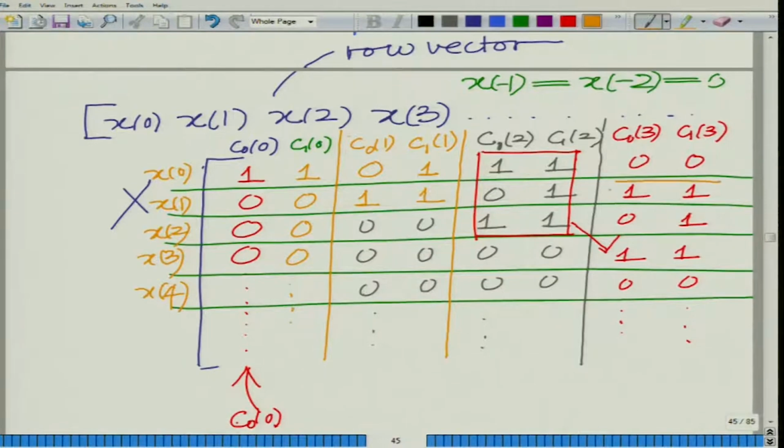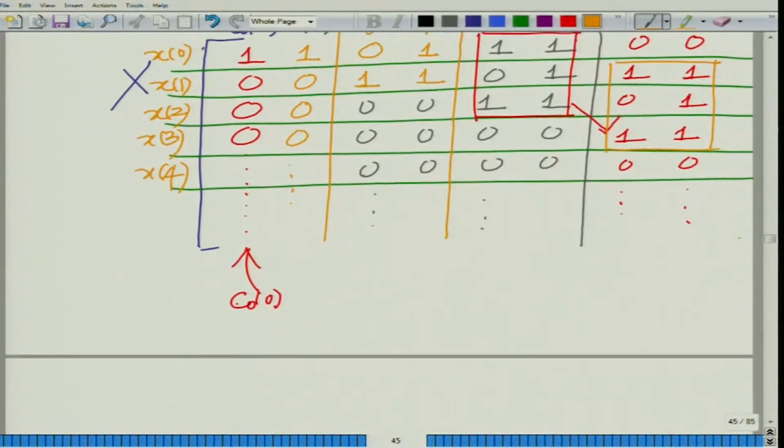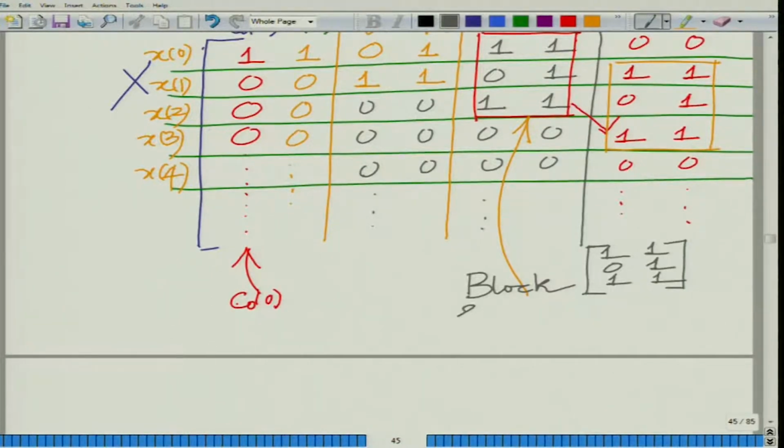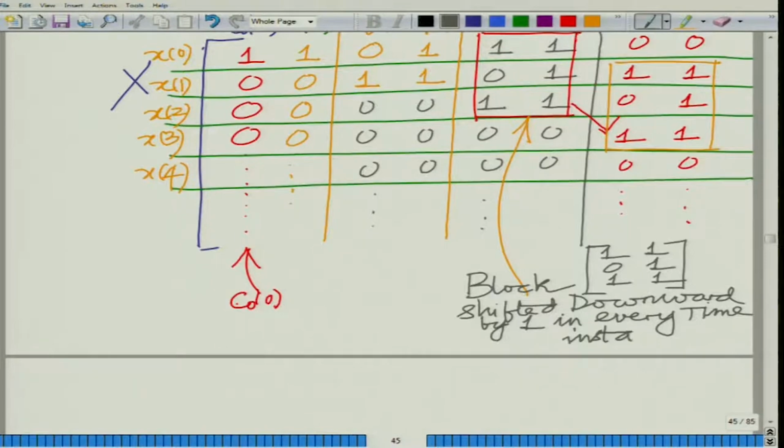So, you can see that this block 1 0 1 1 1 1 is going to be shifted down by 1 row in every subsequent time instant.